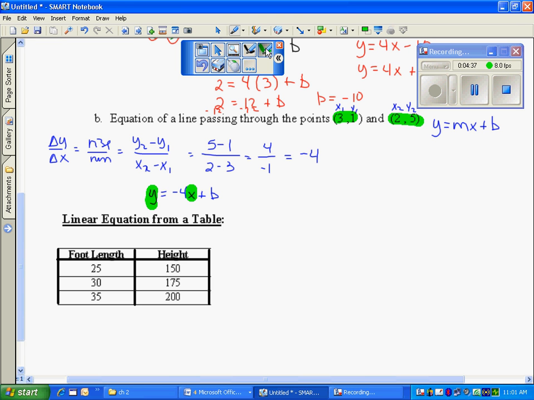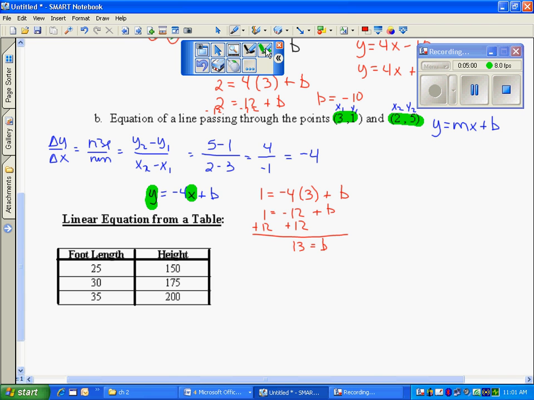I'll try the 3 and the 1. The y coordinate is a 1. The x coordinate is a 3. And I need to find b, my y-intercept. Multiplying, adding 12 to each side, my y-intercept is 13.